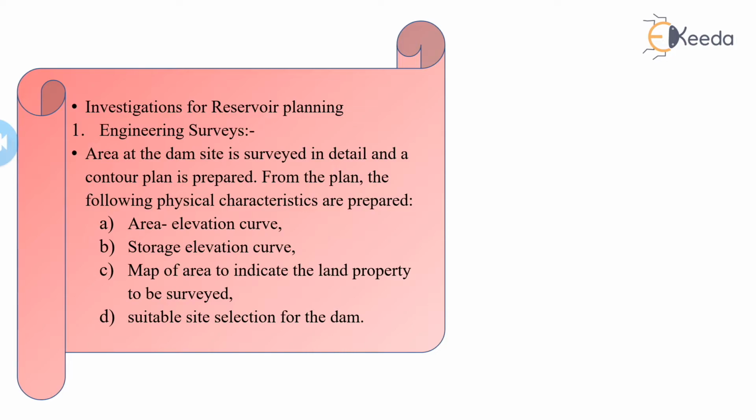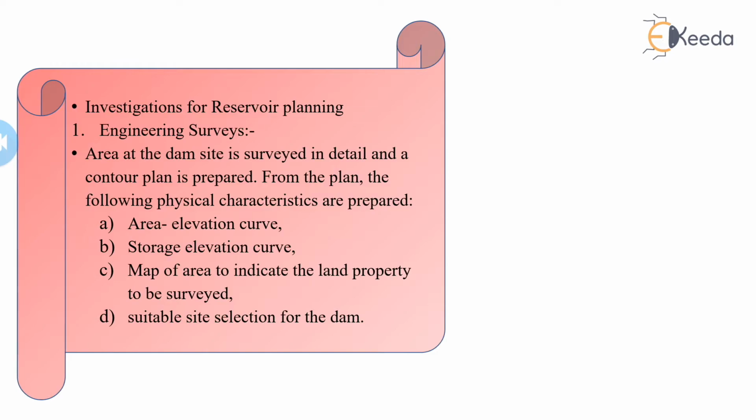The contour plan shows the various water spread areas as well as various undulations, steep areas, flat areas, etc. When we get this typical contour plan of the reservoir site, we have to hatch the area which shows the water spread area.